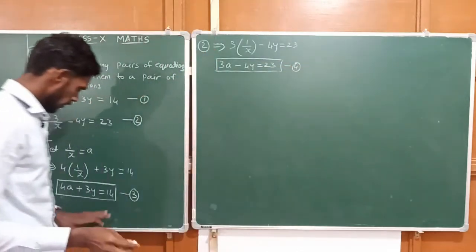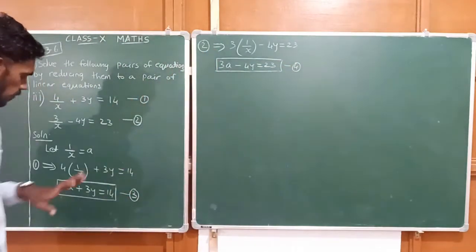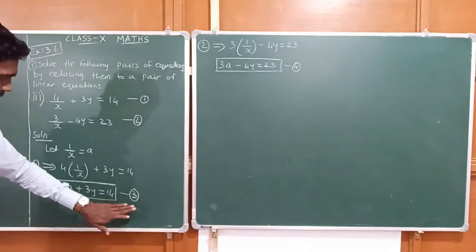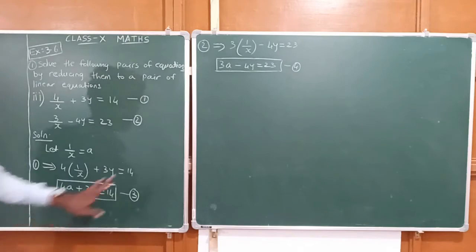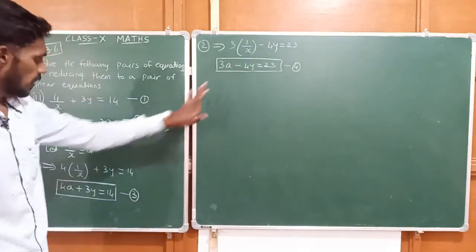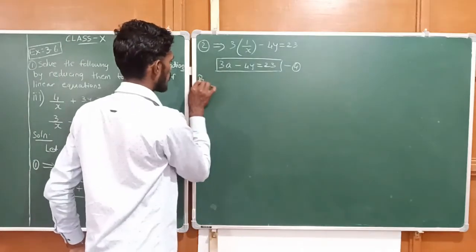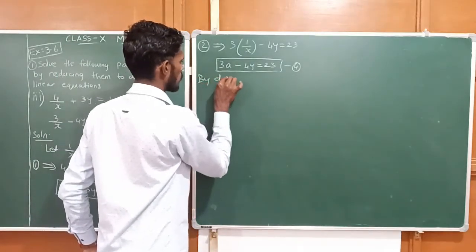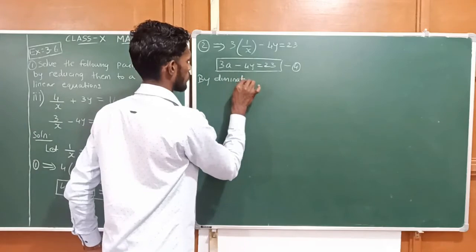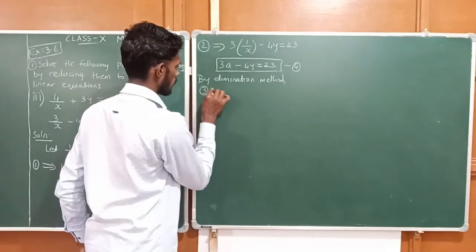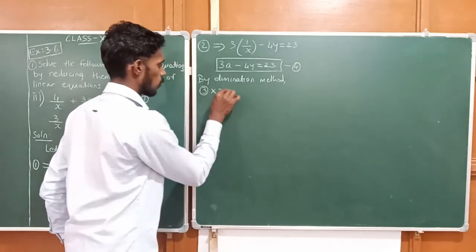Now we are having equations 3 and 4 to solve. I am going to multiply equation 3 by 3 and equation 4 by 4, and I am going to solve using the elimination method. So by the elimination method, first multiply equation 3 by 3 on both sides.